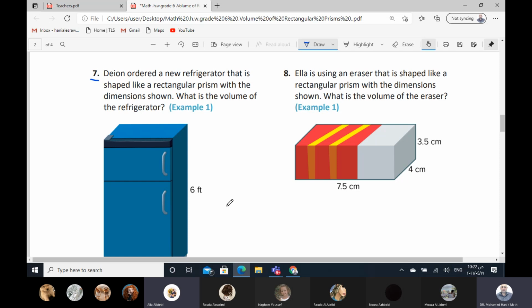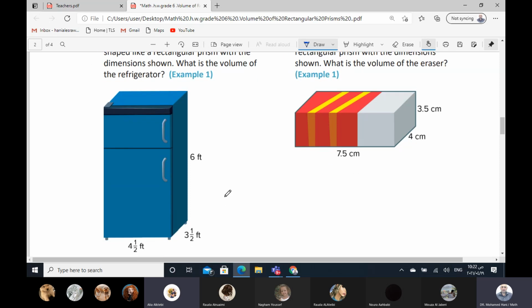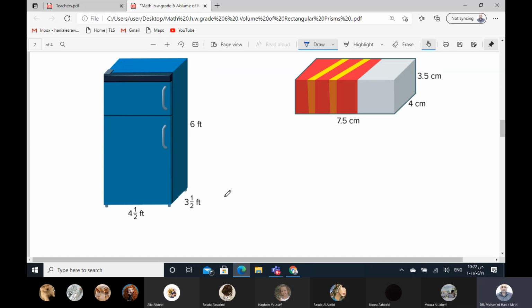They order a new refrigerator that is shaped like a rectangular prism with the dimensions shown. What is the volume of the refrigerator? Thank you, Alia.